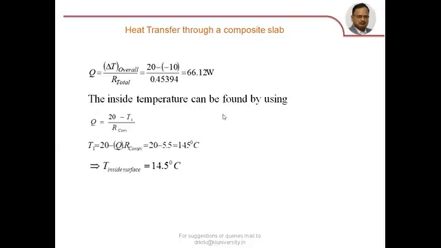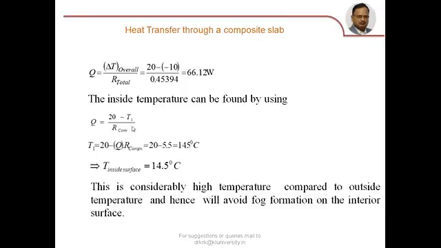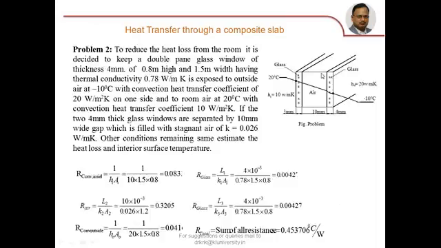Now the inside temperature can be found using the same resistance analogy, 20 minus T1 by R convection. So the inside surface temperature of the plate, this glass plate here, 20 minus say T inside by what resistance?